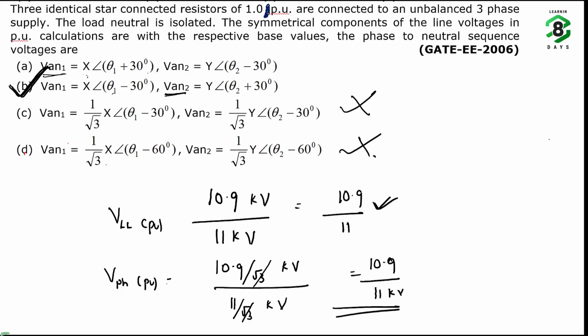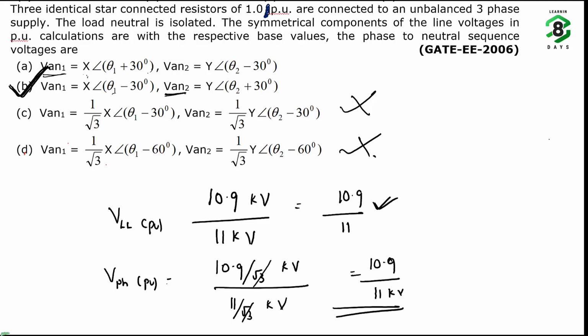That means there is no root 3 factor between the phase to neutral voltages and line to line voltages in per unit system. The per unit line voltage is the same, the per unit phase voltage is the same. That is the crux. He is testing all these ingredients: whether you know how the positive sequence line to line voltages differ from phase to neutral voltages, and how the negative sequence line to line voltages differ from phase to neutral voltages.